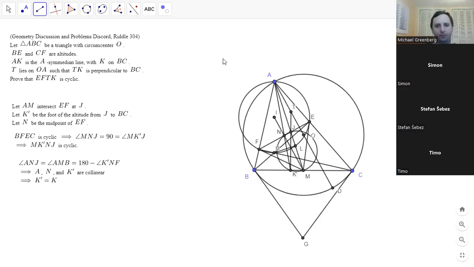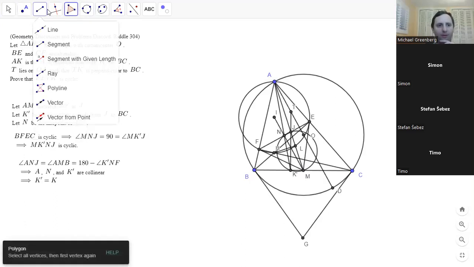All right. I think I have a proof for the cyclic quadrilateral. Okay. And I intersect the tangent line to ABC at A with BC. This is interesting.